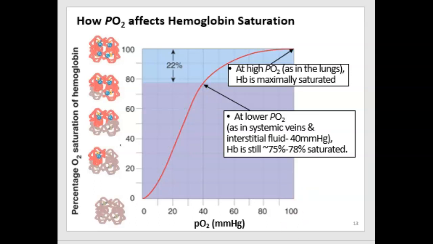So at very low PO2 values, when hemoglobin binds to one oxygen, its affinity for oxygen increases by twice the amount and it is able to bind more. Likewise, at high PO2, when 2 oxygens are bound, or 3, it still has more affinity for more oxygen.